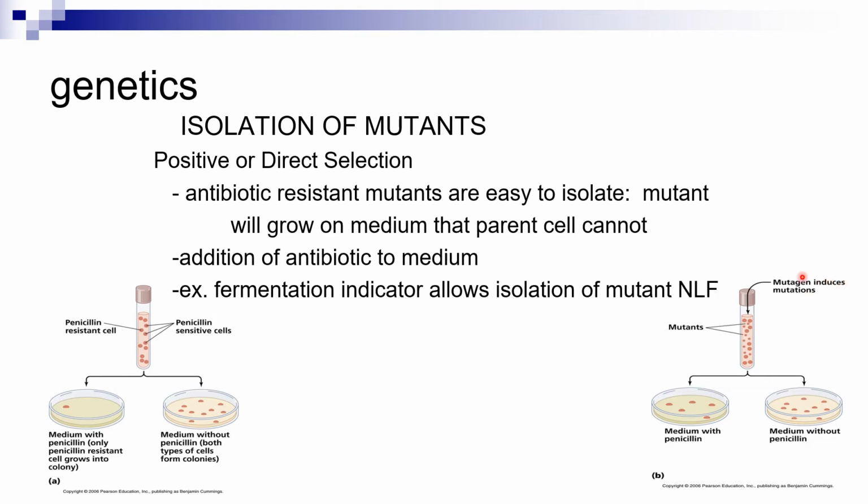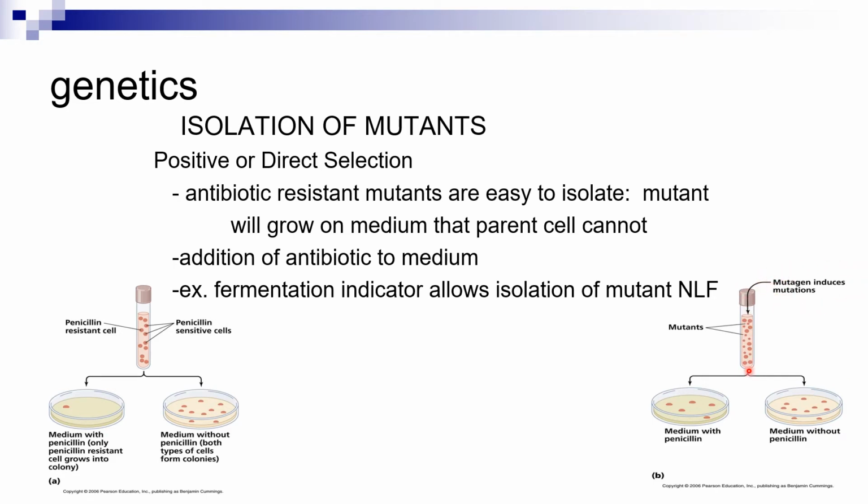This example is from your book, so when you're doing your reading, you'll see these. Let's say we want to induce mutations in organisms. That's an example on this side, and we'll talk a little bit more about actually inducing mutations. But if we can induce mutations in certain bacteria, then those mutants, remember, in this case, this would be like us adding our resistance gene.